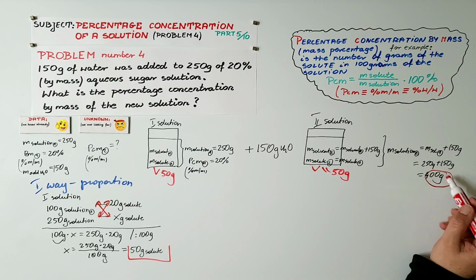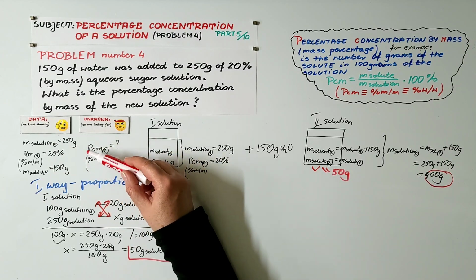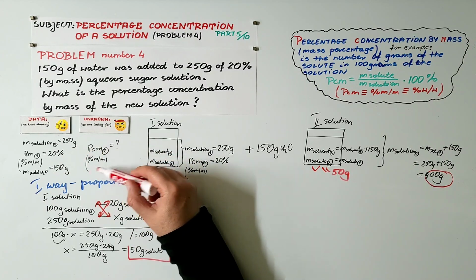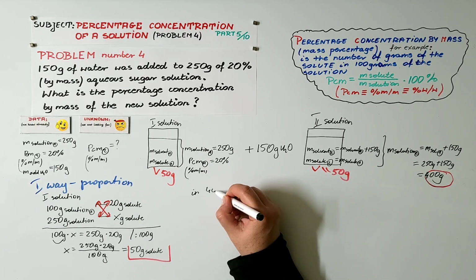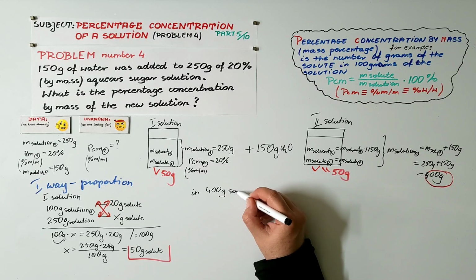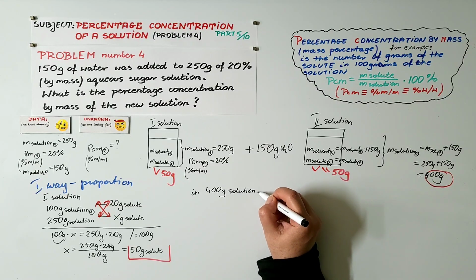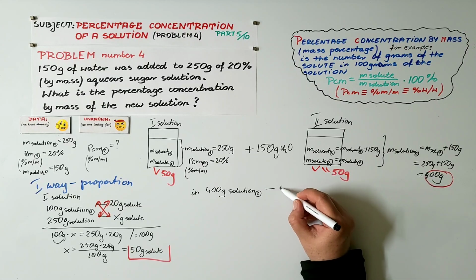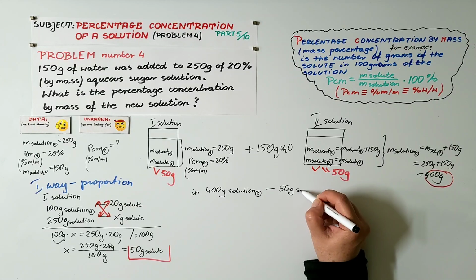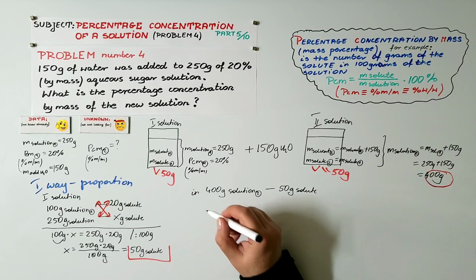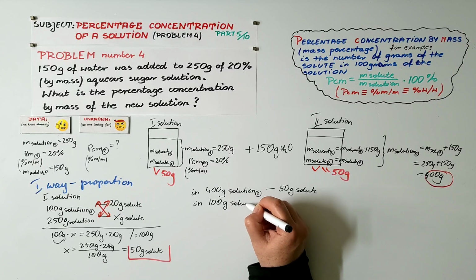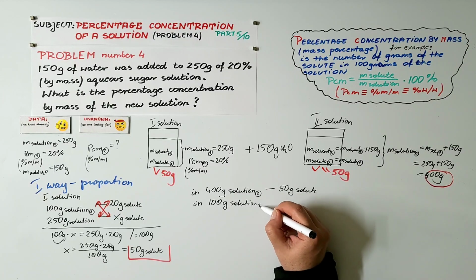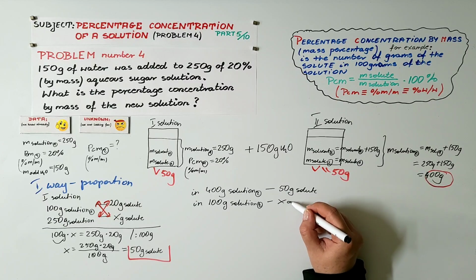Now we have mass of solution and mass of solute. So now we are ready to calculate percentage concentration by mass in the second solution. In 400 grams of solution 2 is 50 grams of solute. So in 100 grams of solution 2 is X grams of solute.